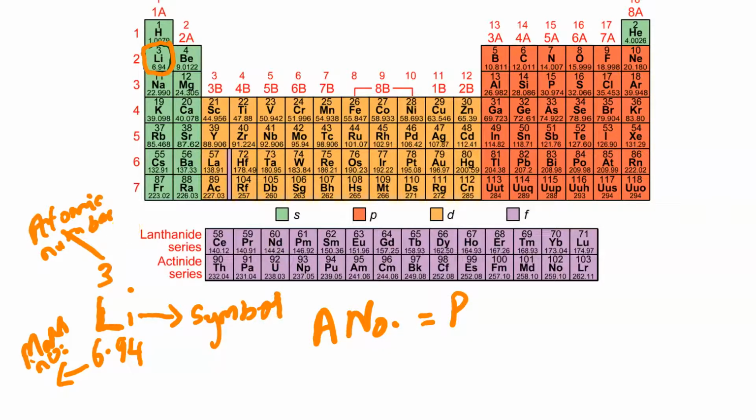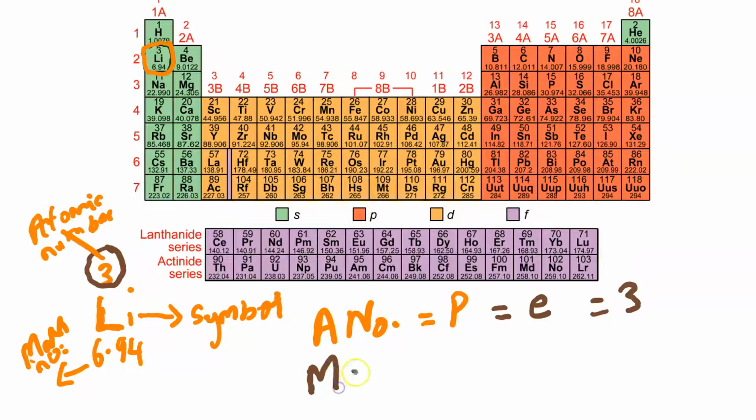So this number 3 means there are 3 protons. Now one thing we need to remember, if you have 3 protons, that also equals the number of electrons. So if I have atomic number 3, that means I have 3 protons and I have 3 electrons.